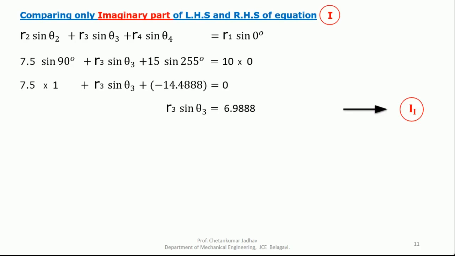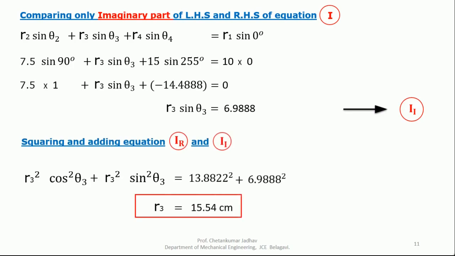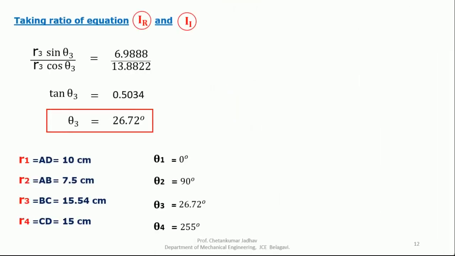We'll call this the imaginary part of equation 1. Squaring and adding equations 1r and 1i, we get R3 is equal to 15.54 centimeters. Taking the ratio of equations 1r and 1i, we get theta 3 as 26.72 degrees.